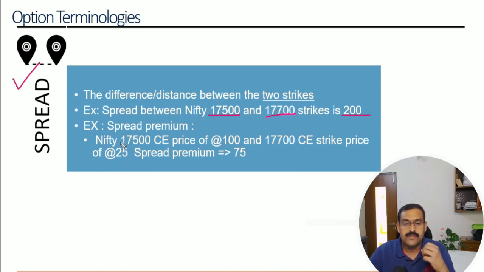For example, 17,500 CE is, let us assume, trading at 100 rupees and 17,700 CE is trading at 25 rupees. What is the difference in the premium between these two strikes? 100 minus 25, which is equal to 75. So the spread is 200 and the spread premium is 75.